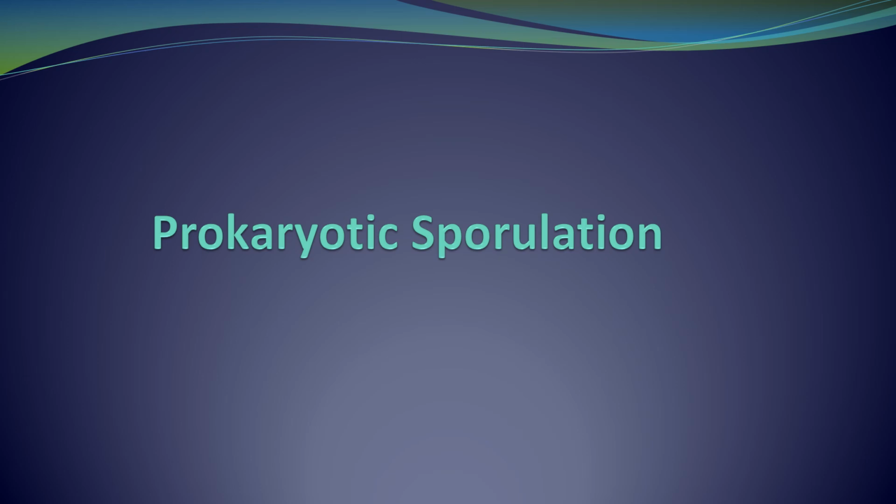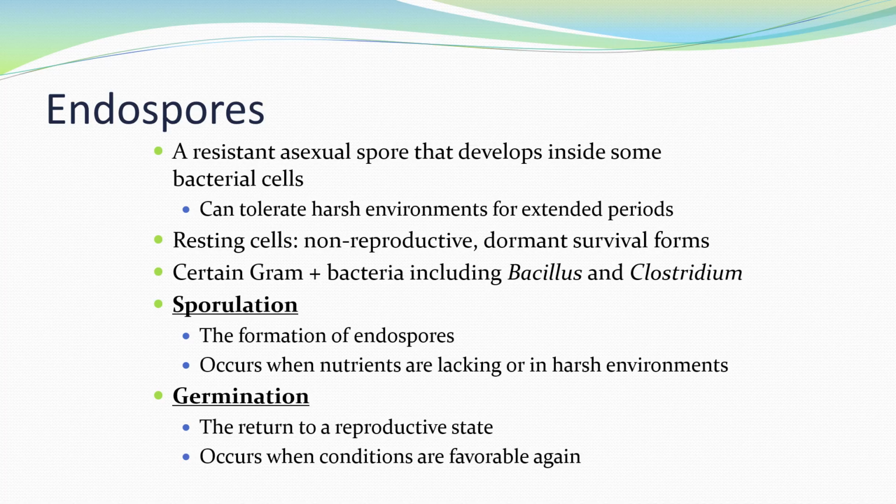This moves us into prokaryotic sporulation. So this is going to be the production of spores and endospores. We talked about this a little bit in chapter 1, part 2. So let's go into what an endospore is, what it does. Remember that some bacteria can produce an endospore.